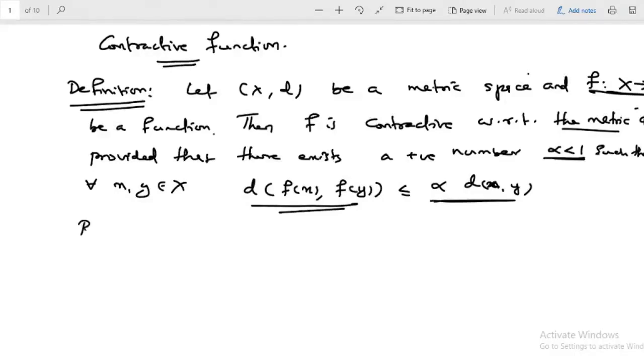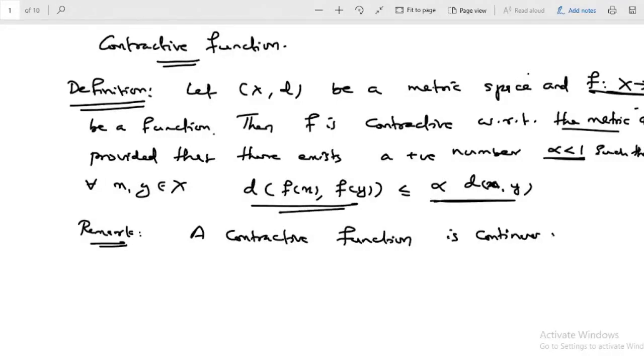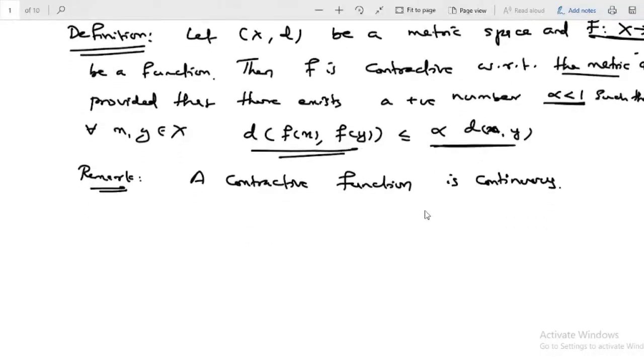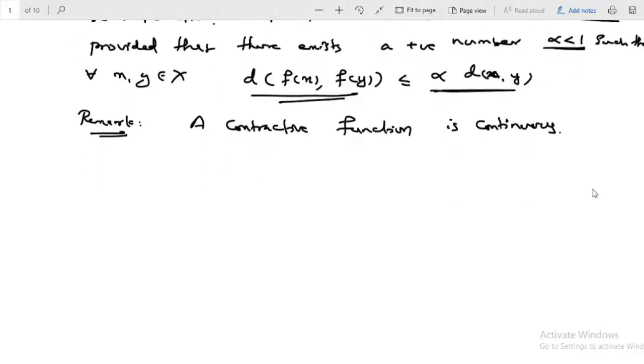Then it is clear that a contractive function is continuous. So, the contractive functions are in the collection of continuous functions. Contractive functions are continuous. Okay.